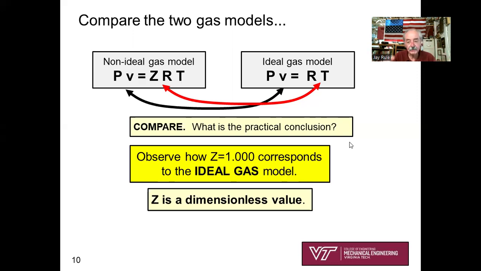And so thus, you can go through the drill of checking atmospheric air in this room, and you're going to discover that Z is 1.000. That means you've got an ideal gas in the room. And we could do the same thing for that blue compressed air tank that I had a few videos ago, and it would be ambient temperature.